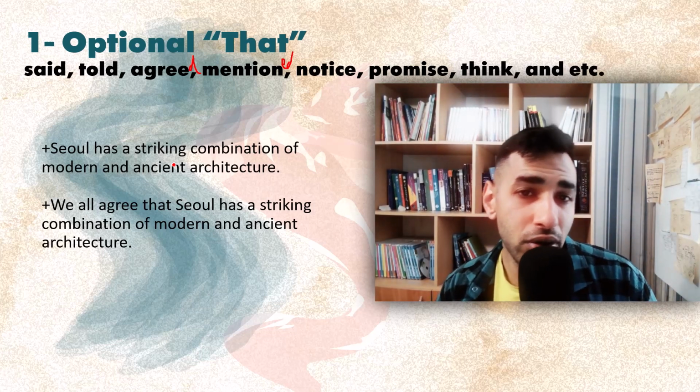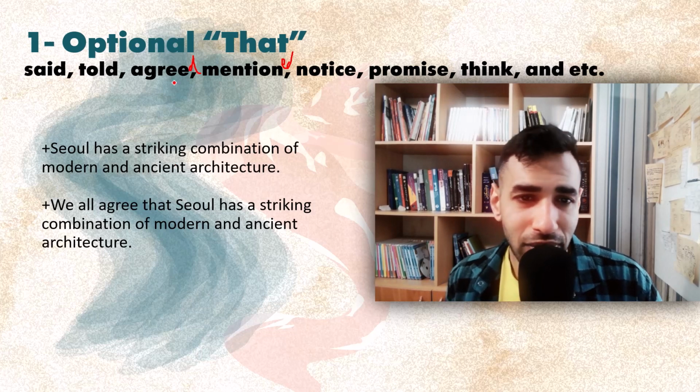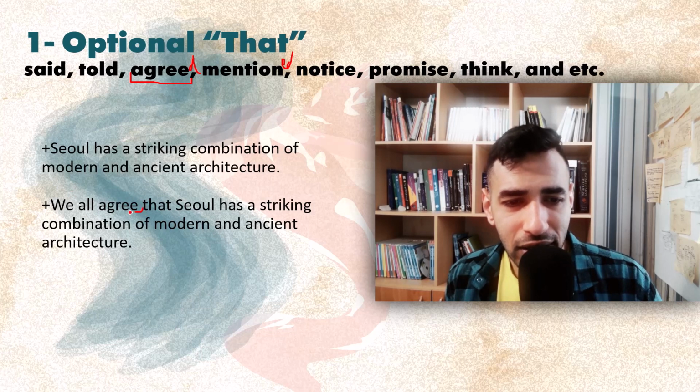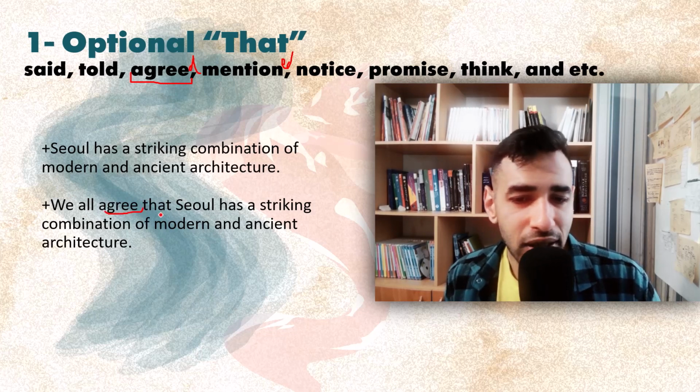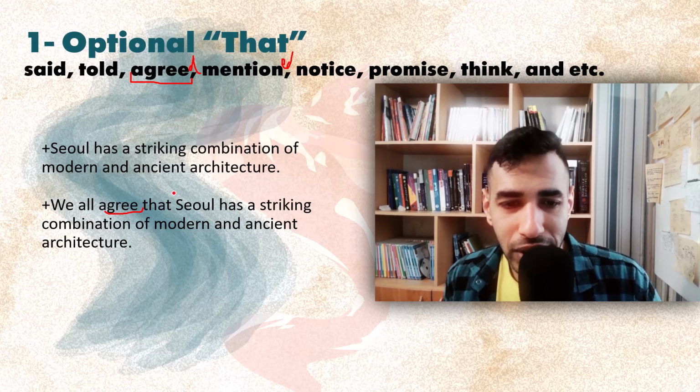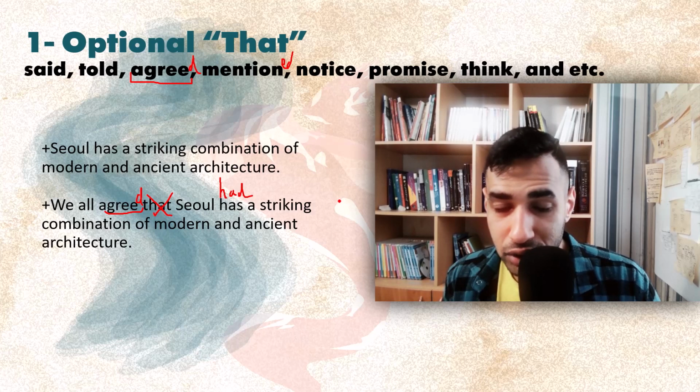We want to report it with one of these verbs, for example, agree. We all agreed that Seoul has a striking combination of modern and ancient architecture. Now we can easily omit that. We all agreed Seoul had a striking combination of modern and ancient architecture.